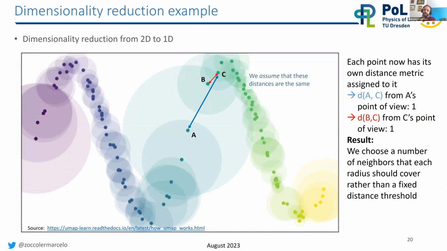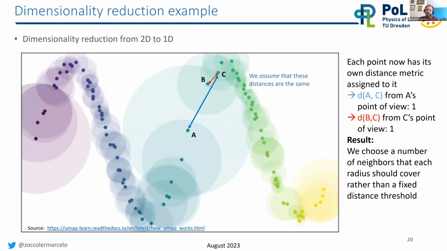So what UMAP does, instead of putting a fixed radius on each of these points, is let each point have its own radius of search, and this radius will depend on up to which neighbor you want to go. So in this example, the radius goes as big as it can up to the point that it can get 4 neighbors.